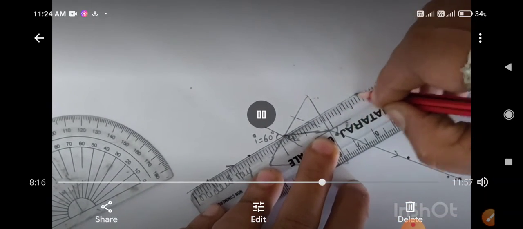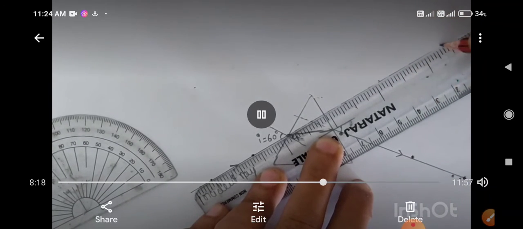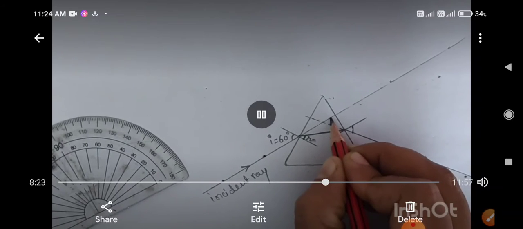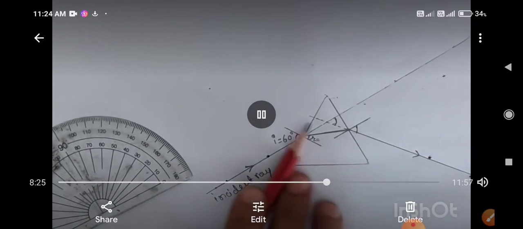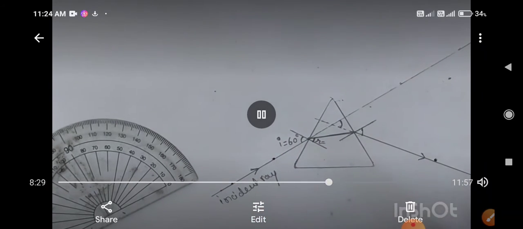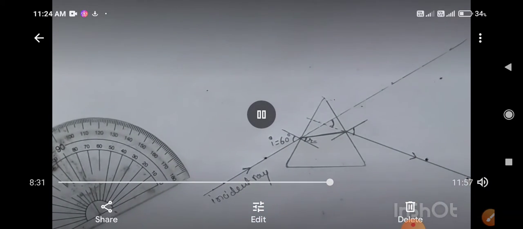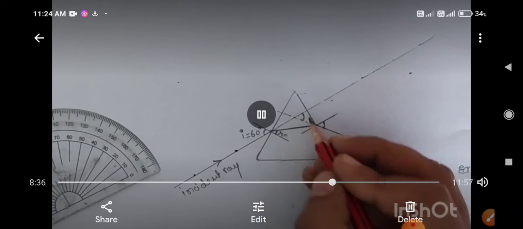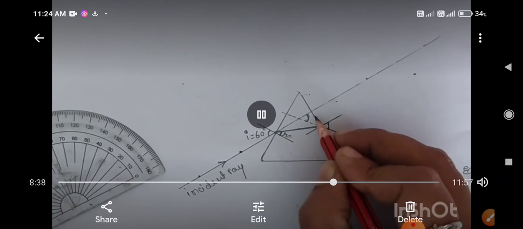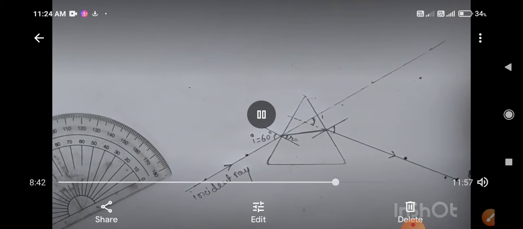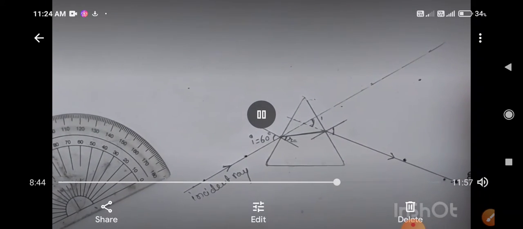So the angle which is forming between the emergent ray extended backward and the incident ray extended forward, when they meet at this point, that angle is known as the angle of deviation, which is denoted by delta.